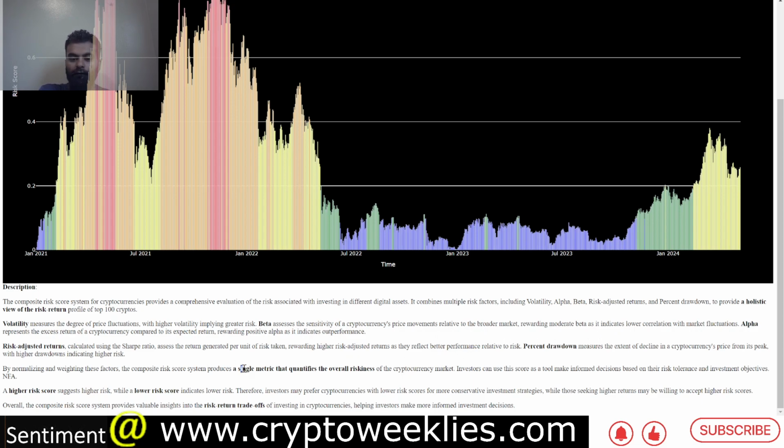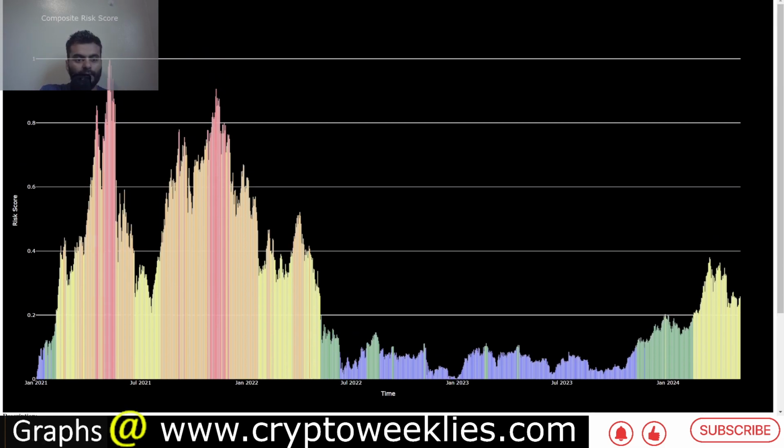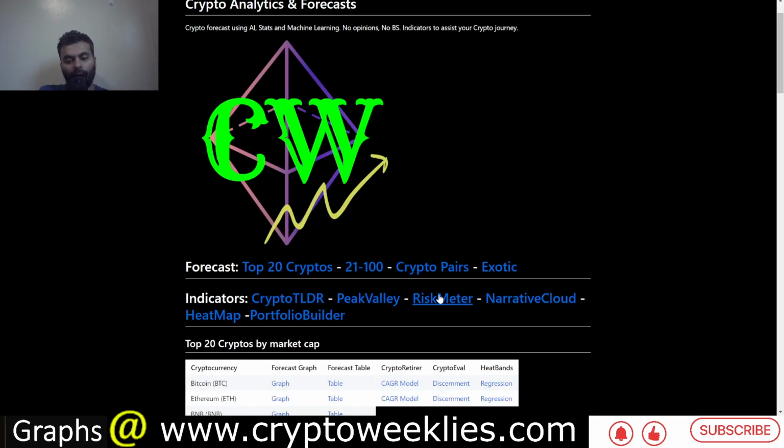And the purpose is to provide a single metric to quantify the overall riskiness as well as the return trade-off. The idea is the higher risk score suggests that the market is closer to the top, lower risk is closer to the bottom. So this is again available for everyone on our website cryptoweeklies.com.